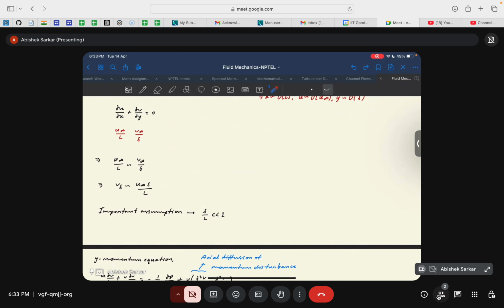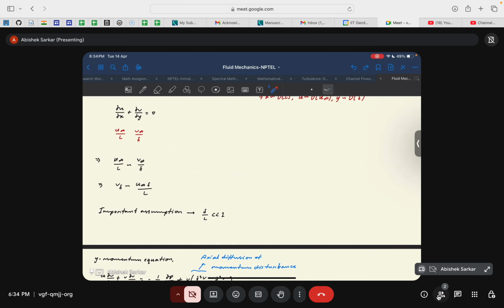It is a very important consideration that we cannot neglect any term in the continuity equation, because it's the concept of mass conservation. So both of these terms have to be equally present, or equally scaled, in the mass conservation equation. That's why we say that u infinity by L should be similar to v infinity by delta.